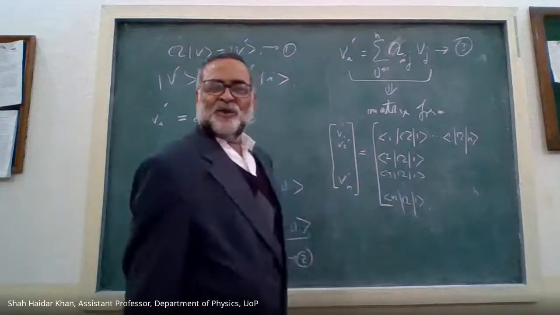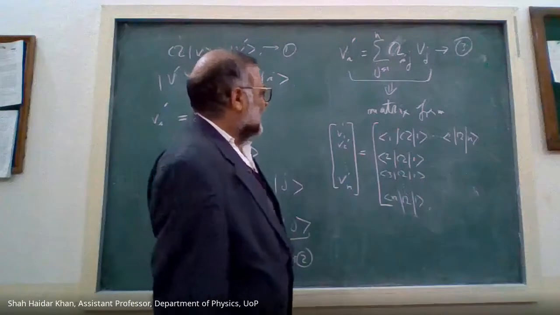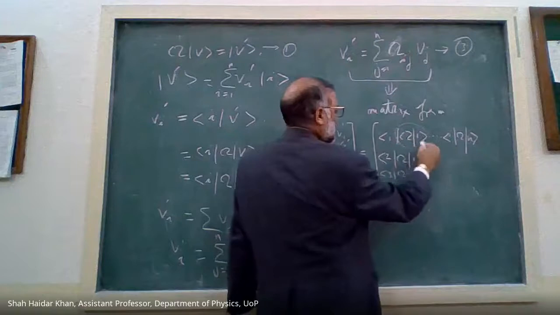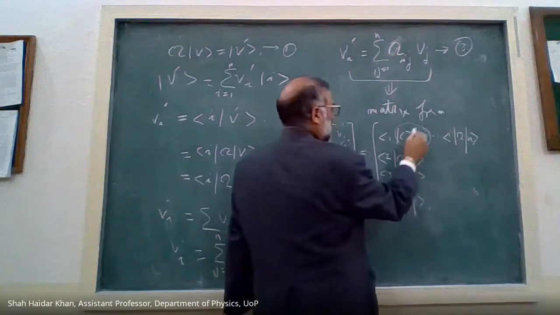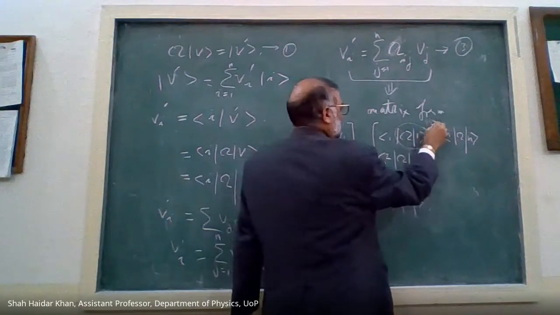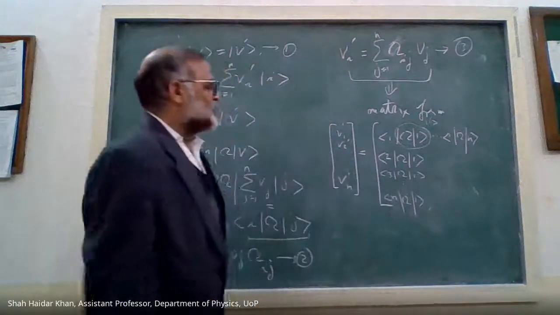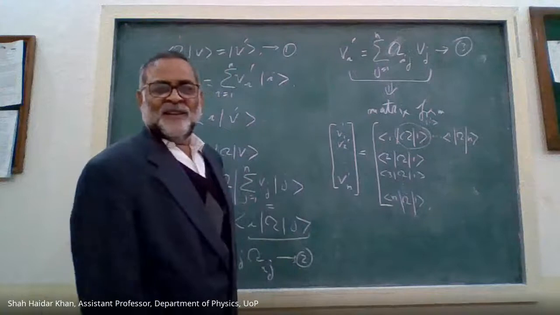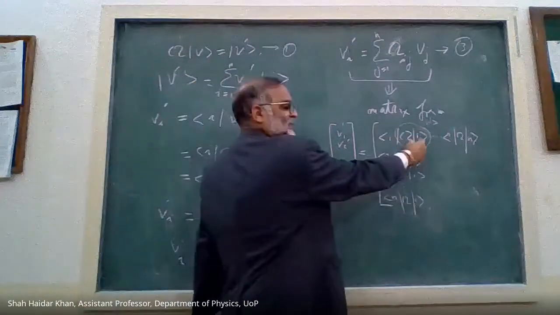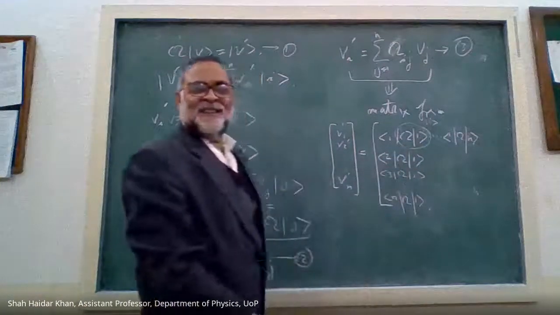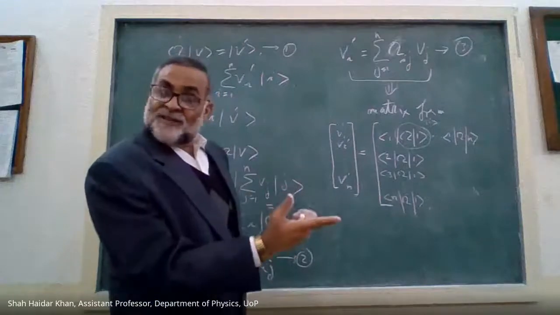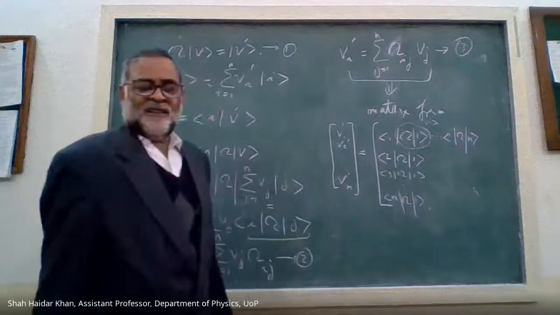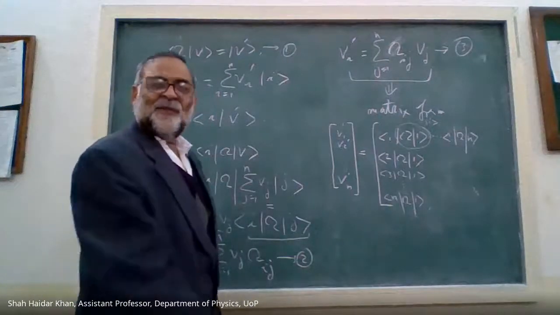Right? This is actually that 1 prime. So the first column of this operator is actually the components of the first transformed basis in terms of the older basis.